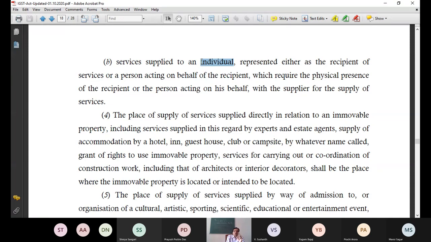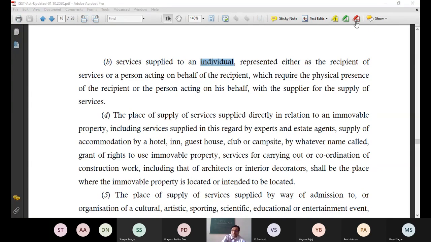Now what is the difference between clause A and clause B? Technically everything is the same. The difference is that in clause A, goods were required to be made physically available with the supplier. In this case, the human being is required to be made physically available with the supplier. That is the only difference between clause A and clause B.